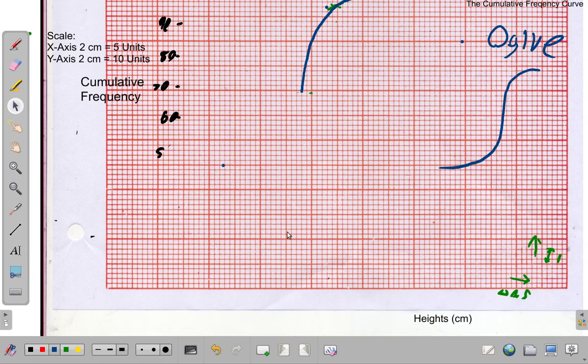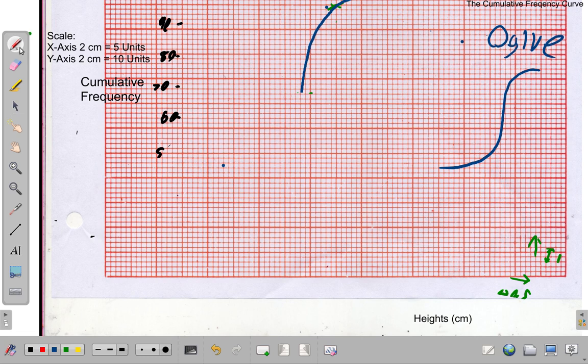We said on the x-axis 2 centimeters equal 5 units. So we went from 150 to 155. If you look at the small squares, 1, 2, 3, 4, 5, 6, 7, 8, 9, 10, the 2 centimeters is divided into 10 small squares.